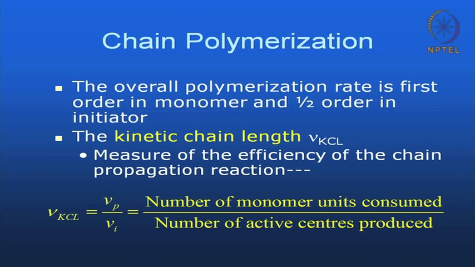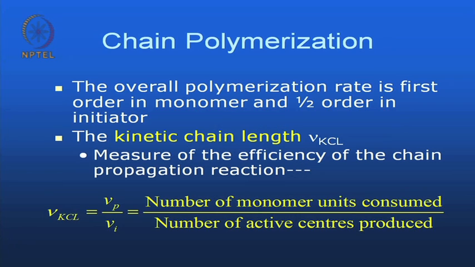Chain polymerization generally requires a chain initiator, like I told you with the H2 plus Br2 reaction, where initially you need to generate 2 Br radicals.